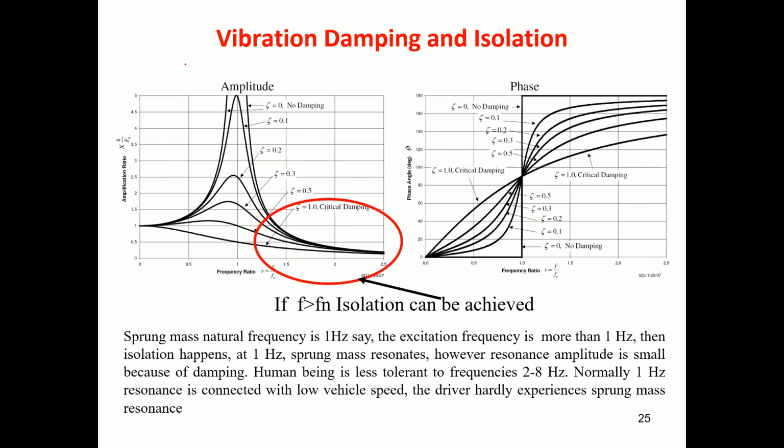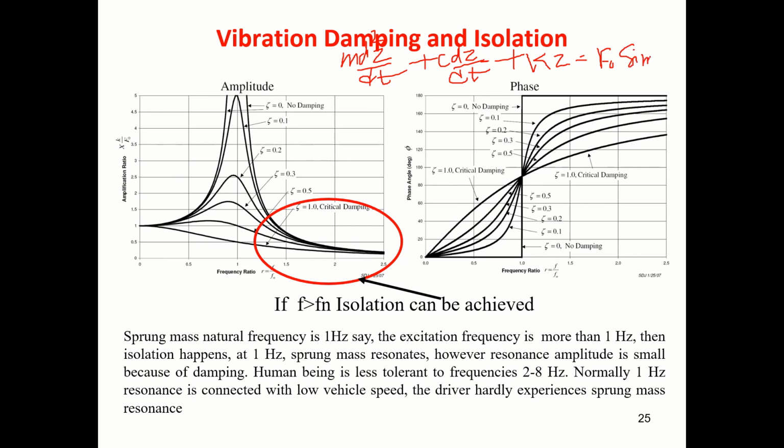Suppose by solving that equation, m d²z/dt² plus c dz/dt plus kz is equal to, say, F0 sin omega t, like this.